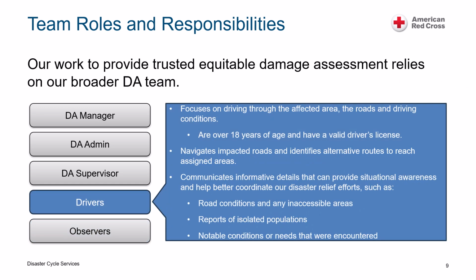Drivers are responsible for driving through disaster-affected areas, navigating impacted roads and identifying alternative routes, and communicating details about the observed disaster conditions to help inform the coordination of disaster relief efforts.